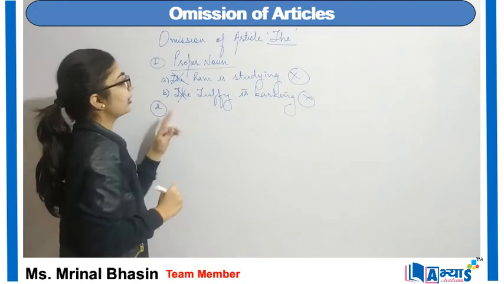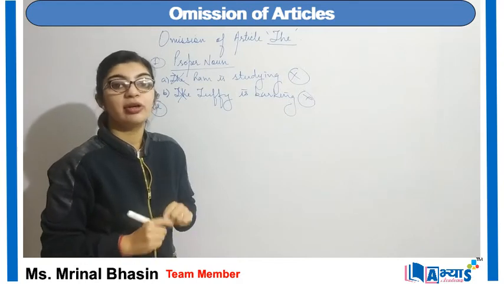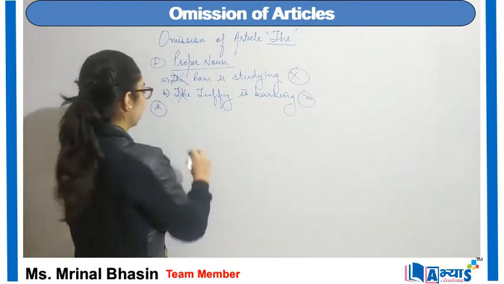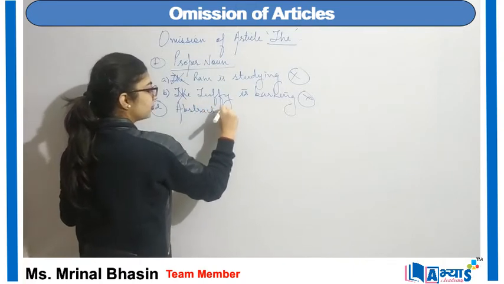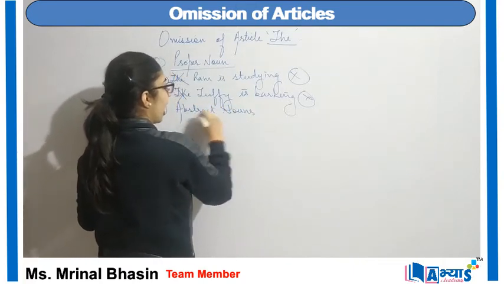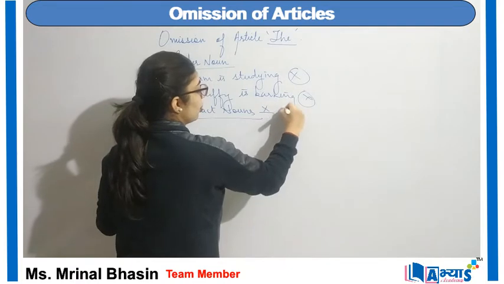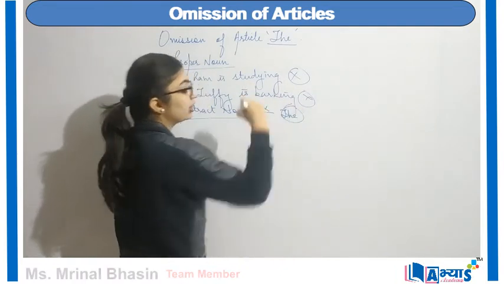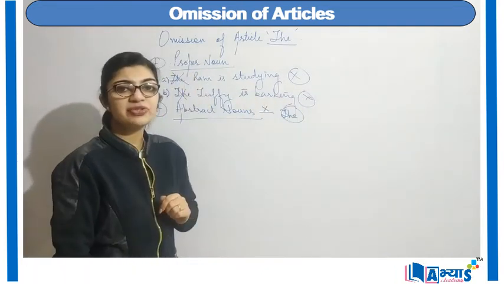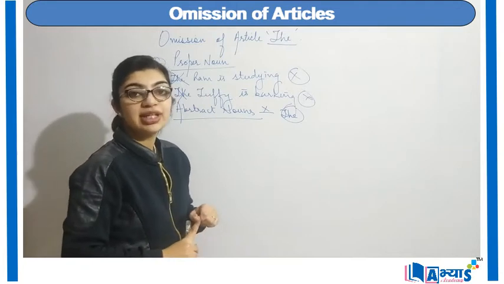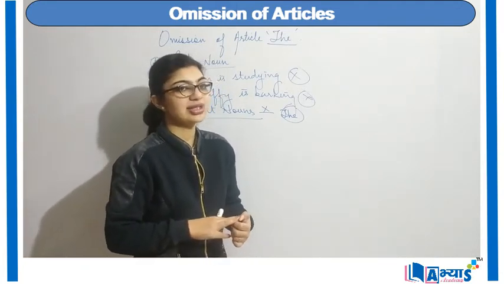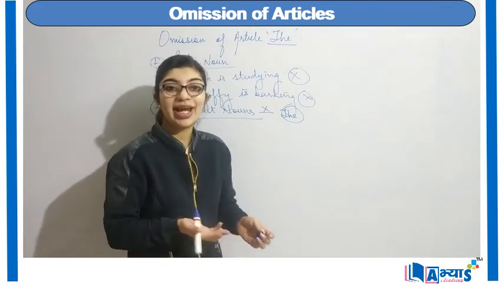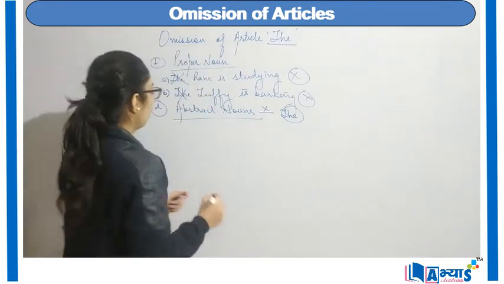Next, I cannot use the article the with abstract nouns. So, with abstract nouns, I do not use the article the. Examples of abstract nouns are poverty, richness, health, or I can say love, hate, right?